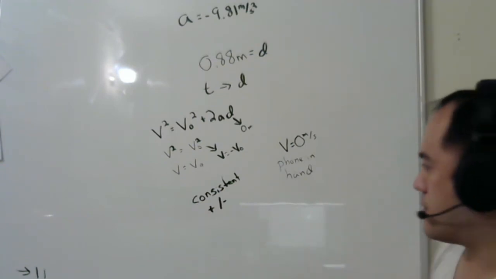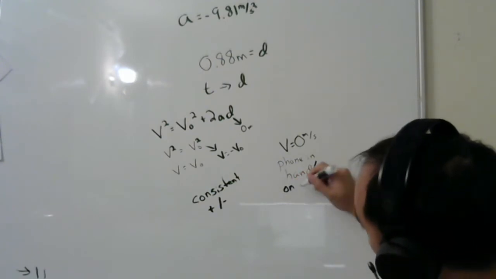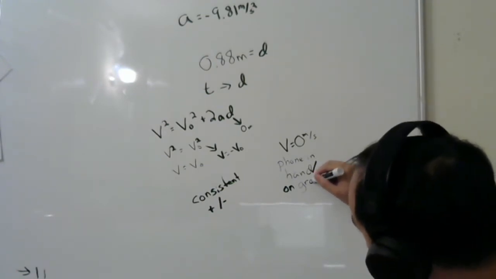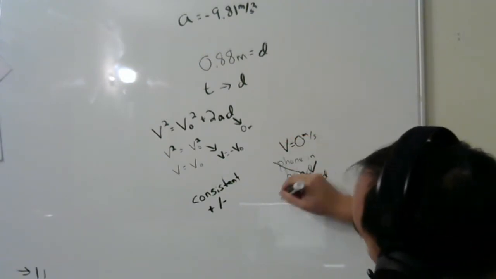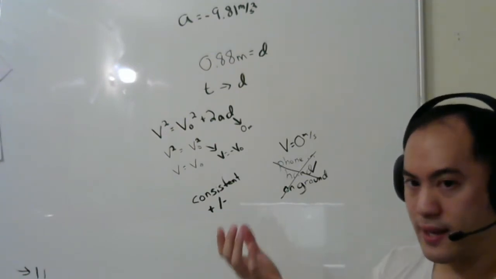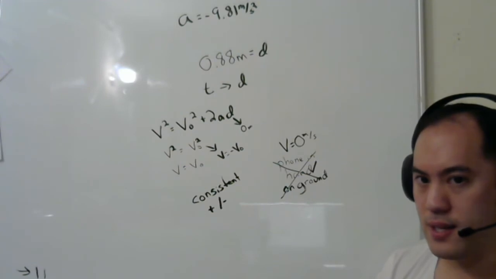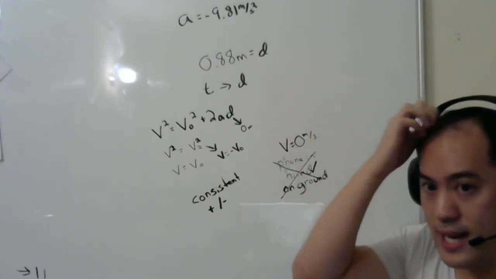No. So if a phone is at rest and stationary, either I'm holding it in my hands or it's on the ground after flying through the air, you cannot say it has a velocity of 0. I know the phone started out in my hand, but we're not going to say the initial velocity was 0 because the acceleration was not 9.81.